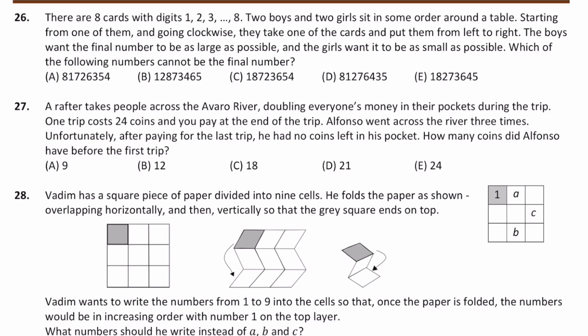Which of the following numbers cannot be the final number? So we don't know how the boys and girls are sitting. It can be 2 boys together, 2 girls together, boy, girl, girl, girl, boy, boy, boy, boy, girl, girl. It can also be girl, boy, girl, or boy, girl, girl, boy.